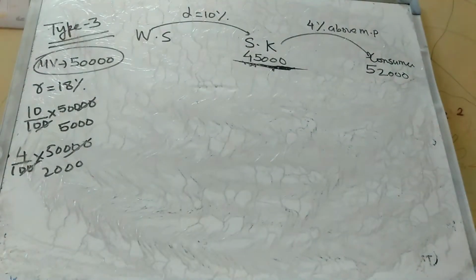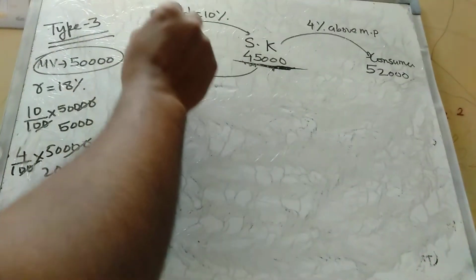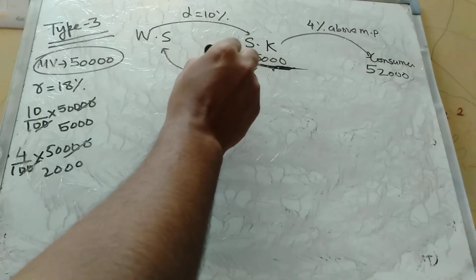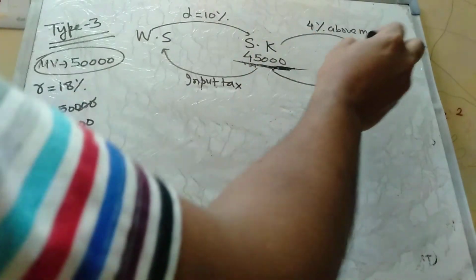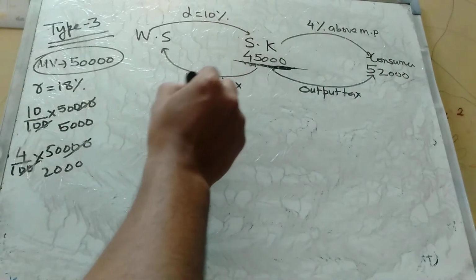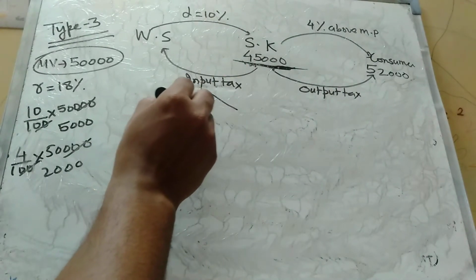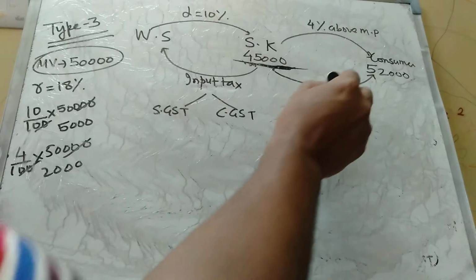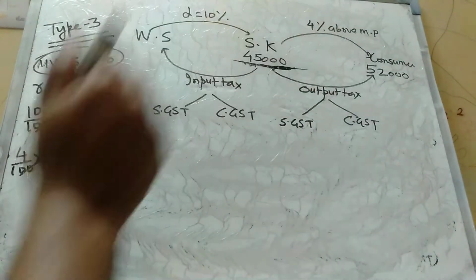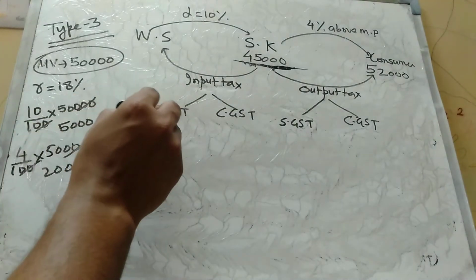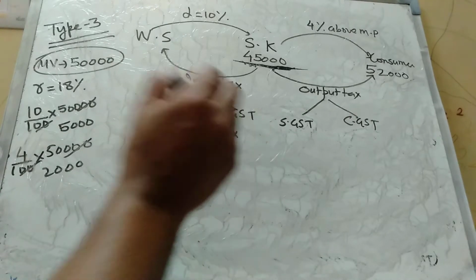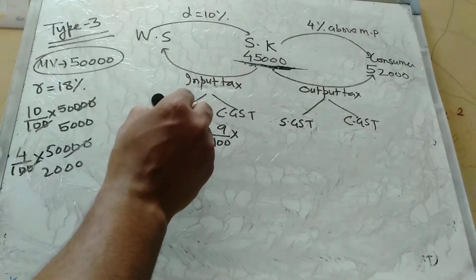Now, he gives tax to the wholesaler, input tax. He receives tax from the consumer, output tax. It is divided into two parts, SGST and CGST. Total tax is 18%, so 9% will go to the state government and 9% will go to the central government on the purchasing price, that is 45,000.